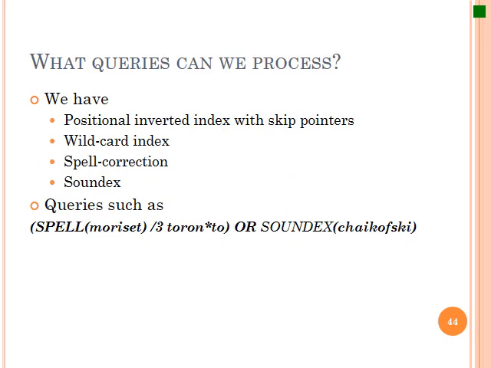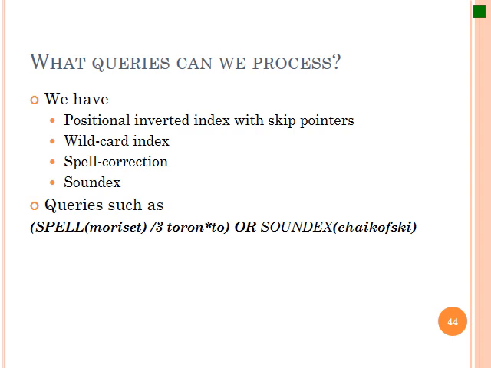So far, we can handle fault tolerant retrieval tasks such as the following. We have a positional inverted index with skip pointers, which is what we learned last time. Now we can have wildcard index, spell correction, and Soundex, everything together.